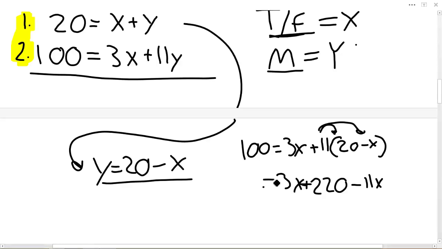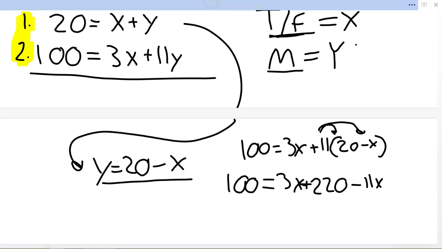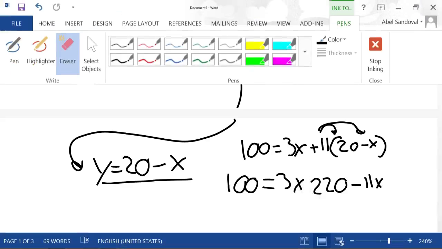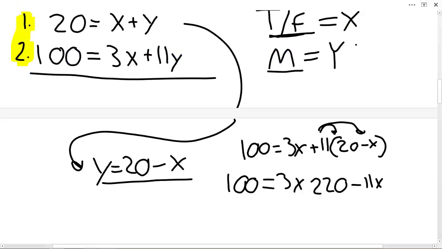So now this is out of 100. Let me just make this a better plus sign. I don't want you guys to get confused. All right, this is gonna be plus that.